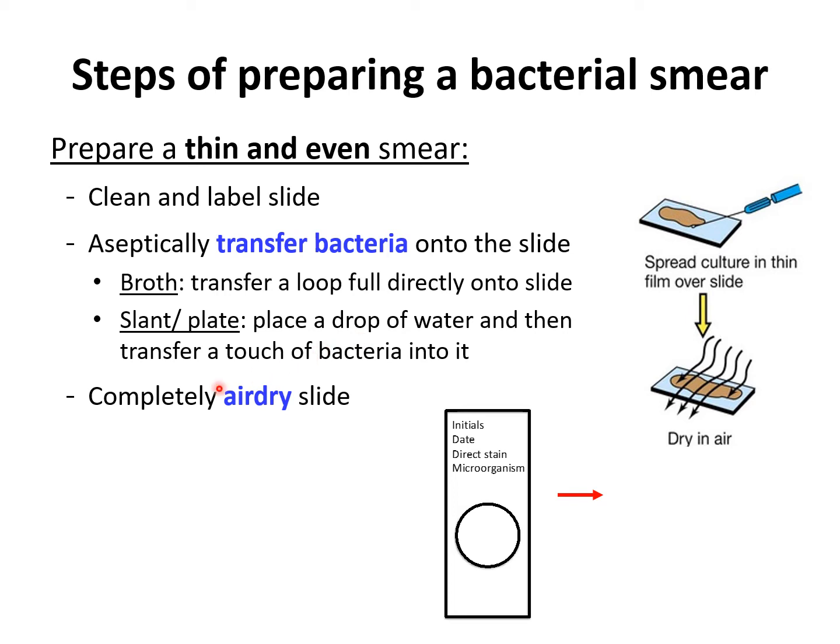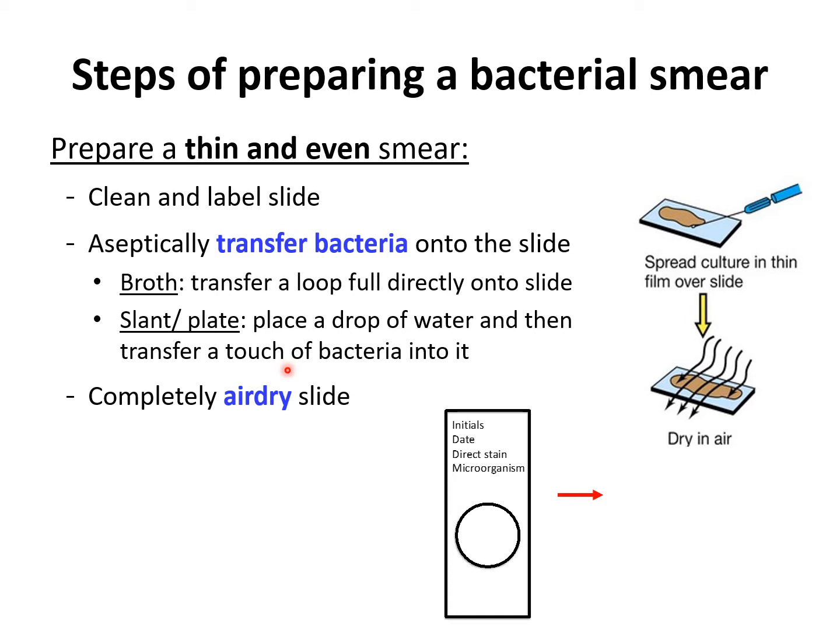Now, two important things. One is you don't want to put too much water on your slide. Number two, it's very important that you don't transfer too much bacteria. You want to basically touch the colony.